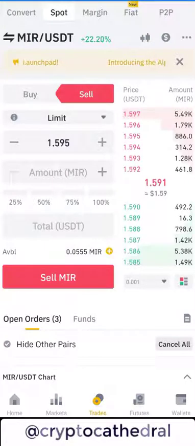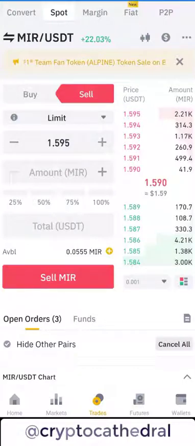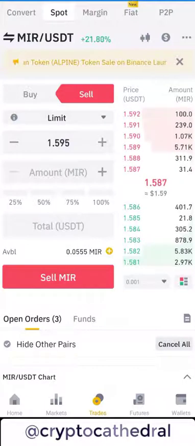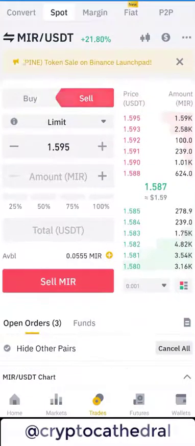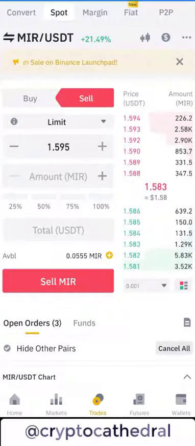But if you're an investor, a long-term holder, I don't think you may want to consider that. All you want to do most likely is to buy and leave your token in your wallet, buy and hold.